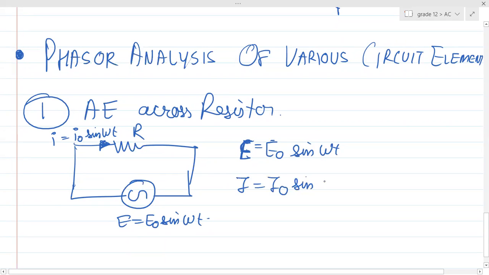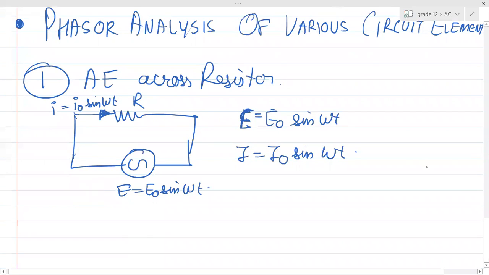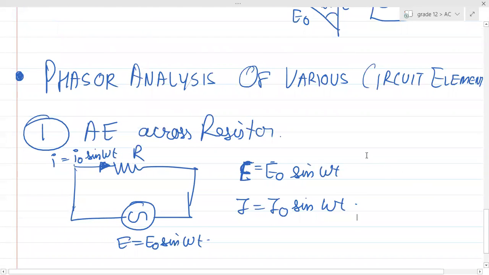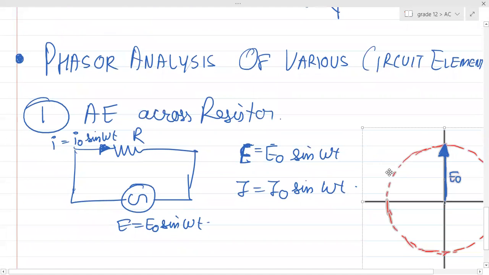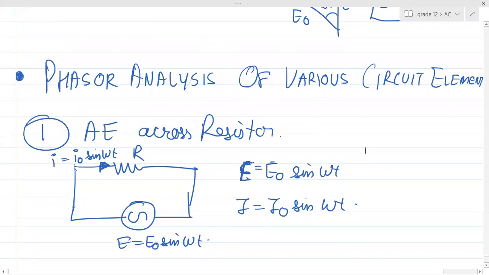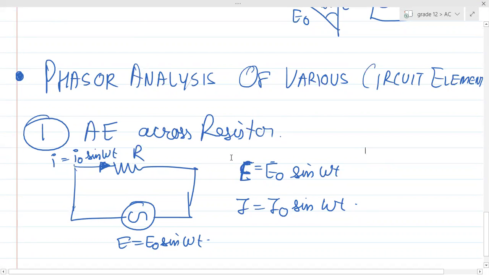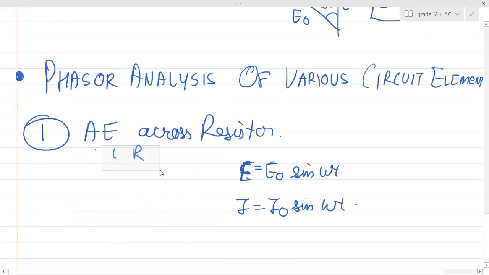So if I try to draw the phasor in this case, see how the phasor will look. Guys, it's not necessary to draw the diagram again, but just write those equations. You know, these equations are very important.